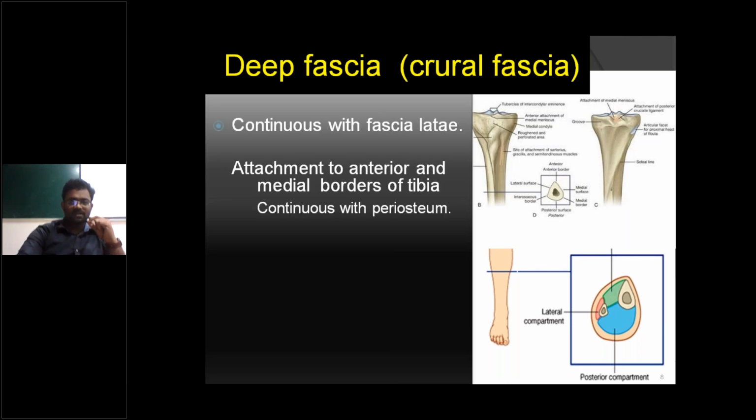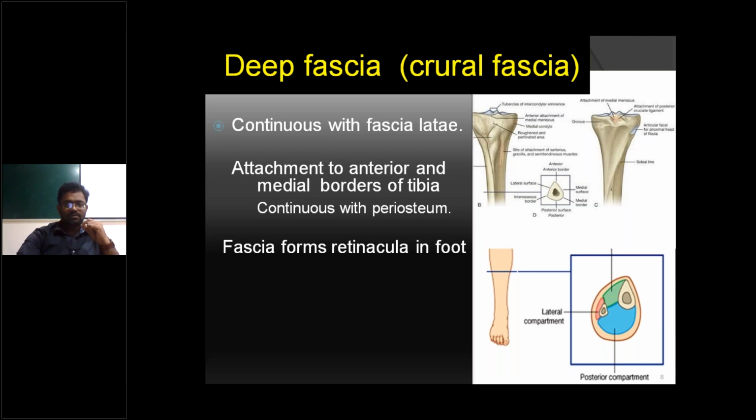This deep fascia continues above with the fascia lata of the thigh, is continuous with the popliteal fascia on the popliteal fossa, and continuous with the periosteum of the bones. And this fascia forms the retinacula around the ankle joint.